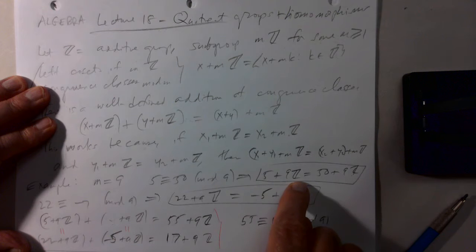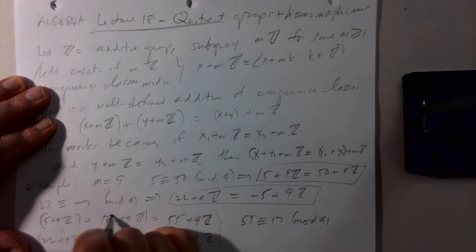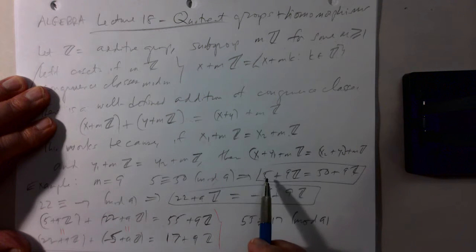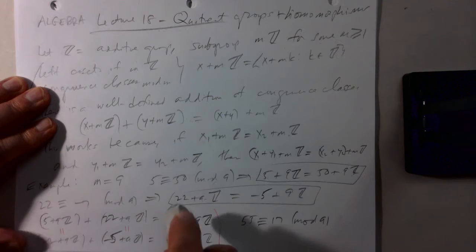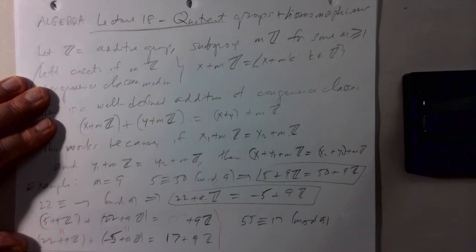So when I add the congruence class of 5 and the congruence class of 22, that's the congruence class of 27 mod 9.